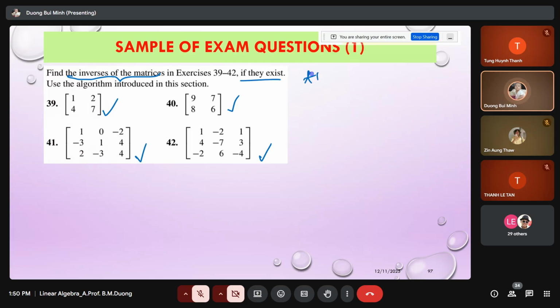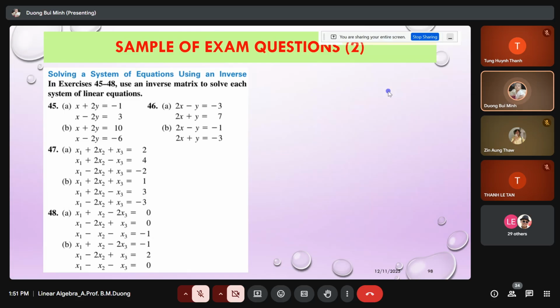So we need to form the augmented matrix A with I, then apply Gauss-Jordan elimination. You can get the result. Very easy.